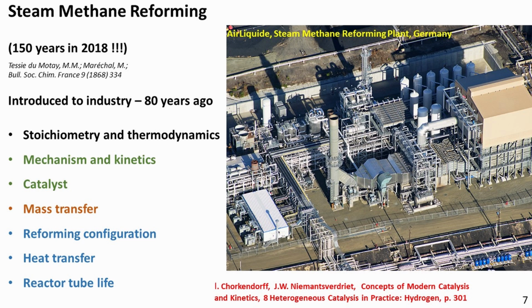Laboratory studies on the reforming reaction were published in the 1920s, showing that product gas close to thermodynamic equilibrium was obtained over nickel catalyst. Fischer and Tropsch observed no significant difference when steam was replaced by carbon dioxide.